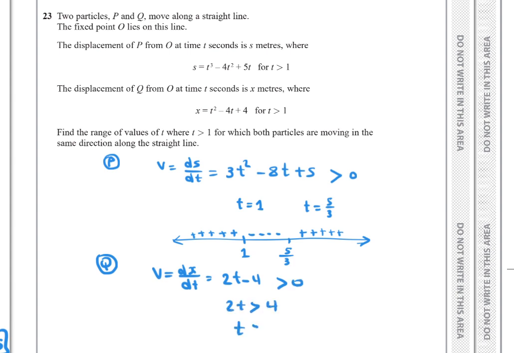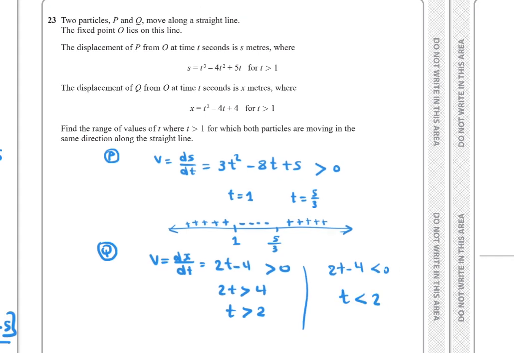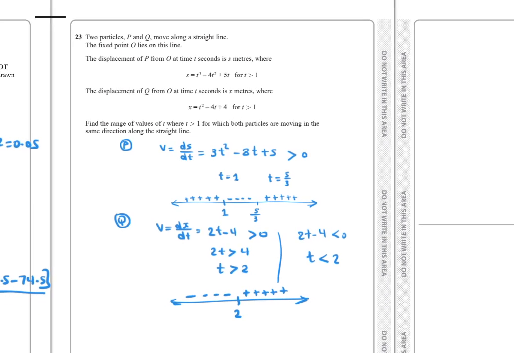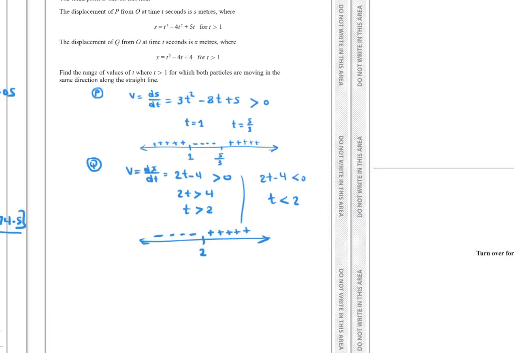This means t more than 2, and negative if t less than 2. So if you draw a number line, we have 2: more than 2 positive, less than 2 negative.